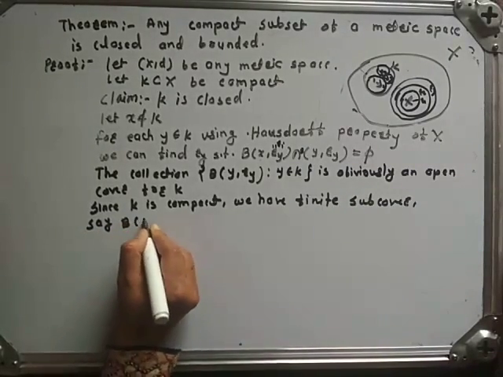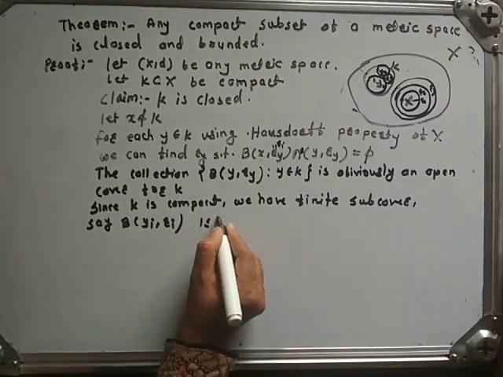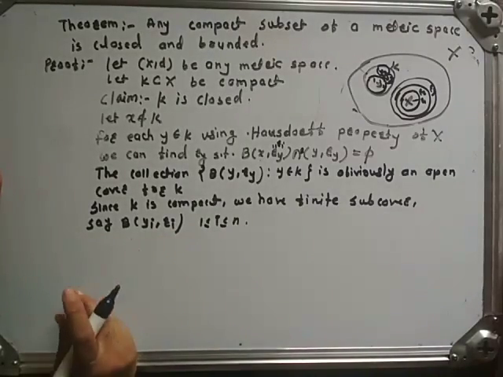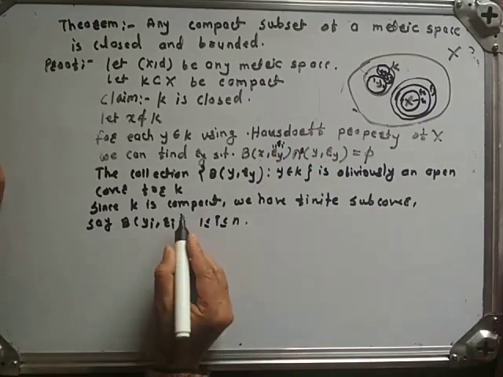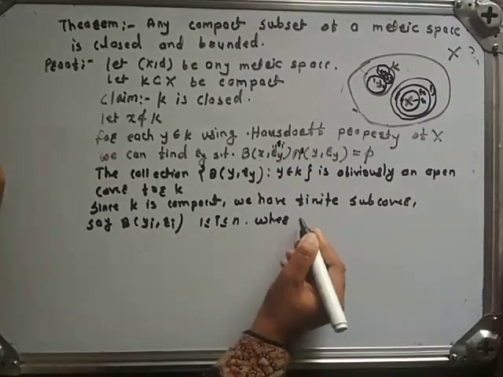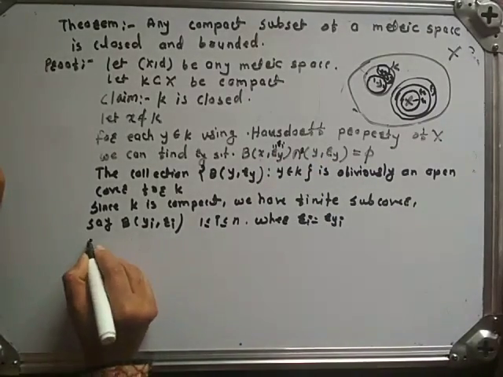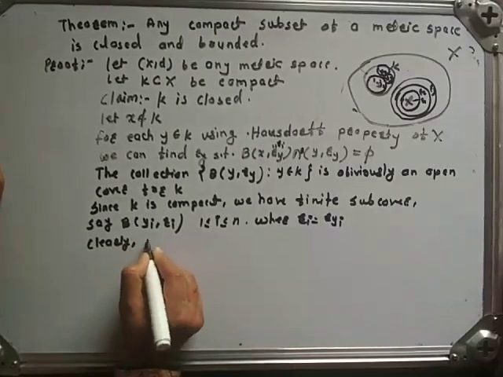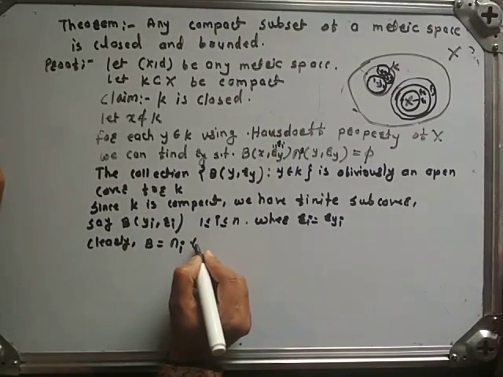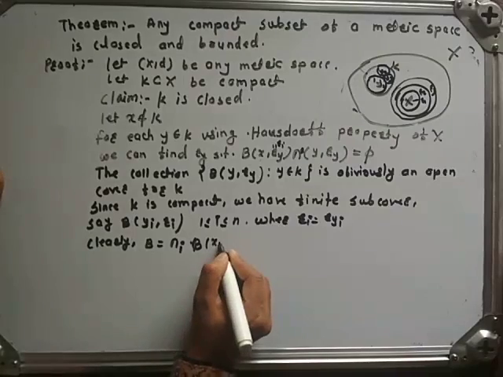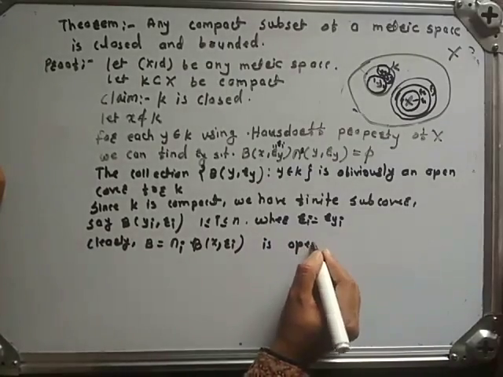Say B of yi comma Ri, 1 is less than or equal to i is less than or equal to n, where Ri is equal to Ry. Clearly, if you say B is equal to the intersection over i of B of x comma Ri, it is an open set.